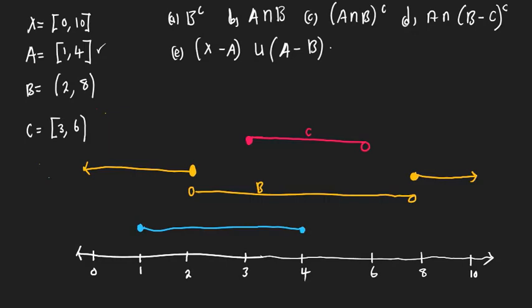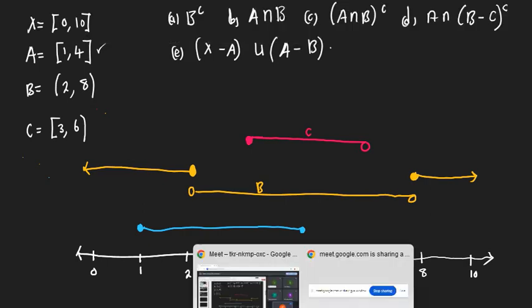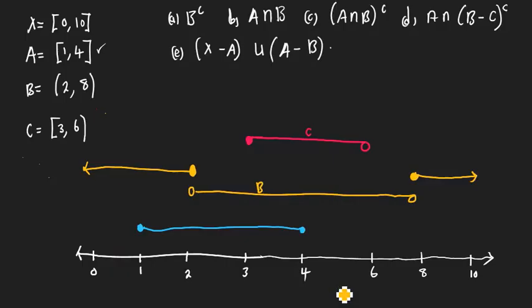Keep drawing the diagram anyway. So let's operate the set. So this is B complement. It is starting from 0 up to some point 2. Then from this is B complement. So also from 8 to 10.